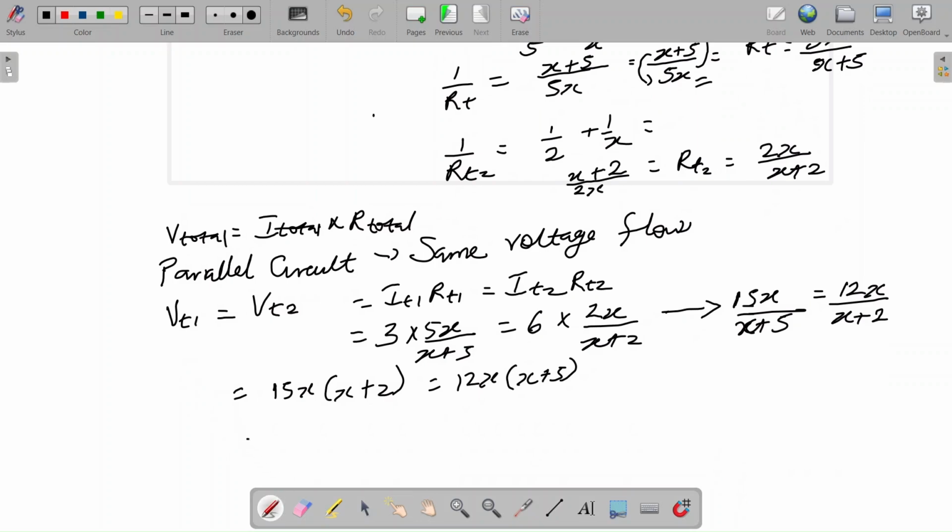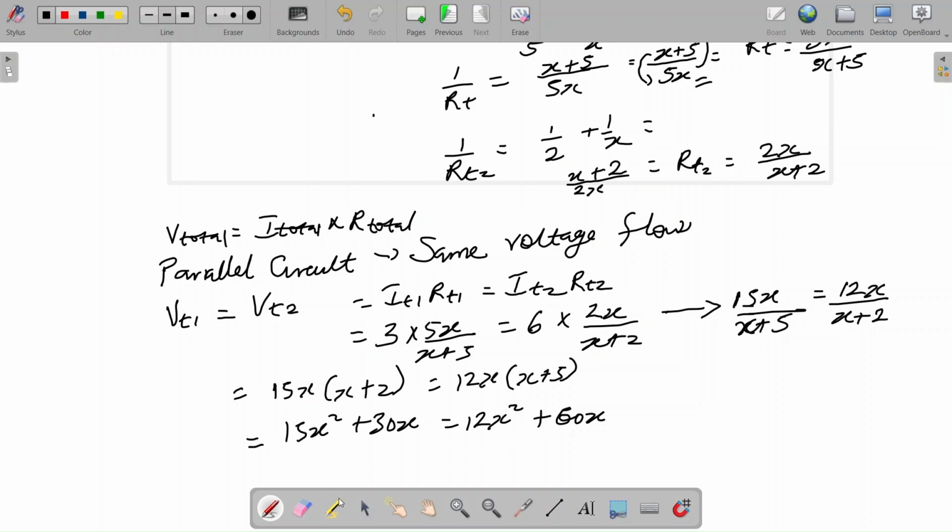So this will be 15x squared plus 30x equals 12x squared plus 5 times 12, that is 60x.